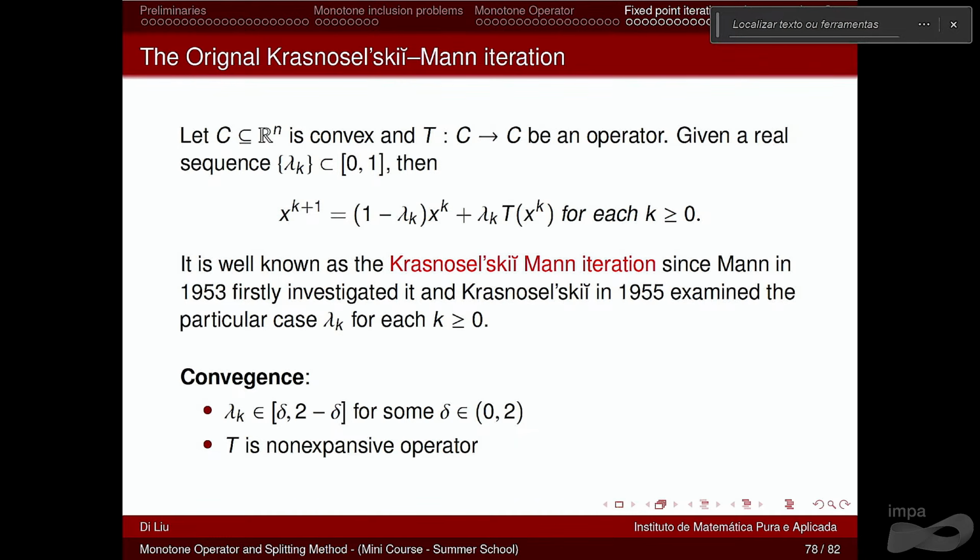The fixed point iteration with an averaged operator, we call it the Krasnoselskii-Mann iteration. Okay? If lambda k equals lambda, which is a constant, then it is what we have discussed in Theorem 1. This one was first studied by these two people in 1953 and 1955.